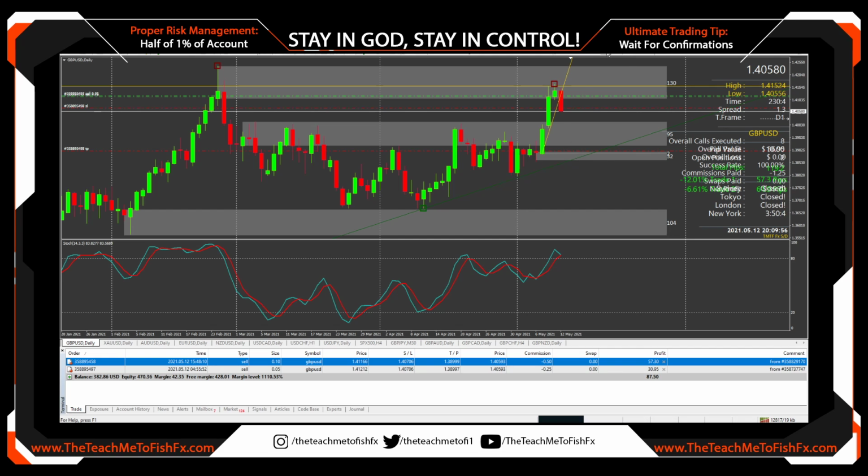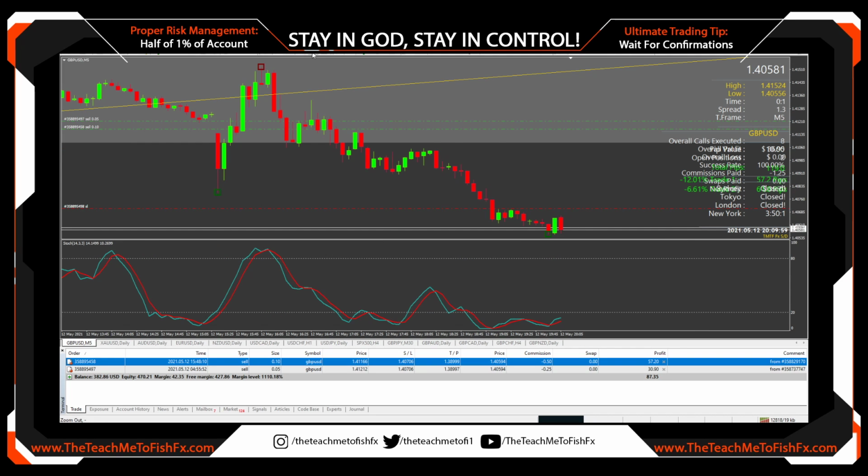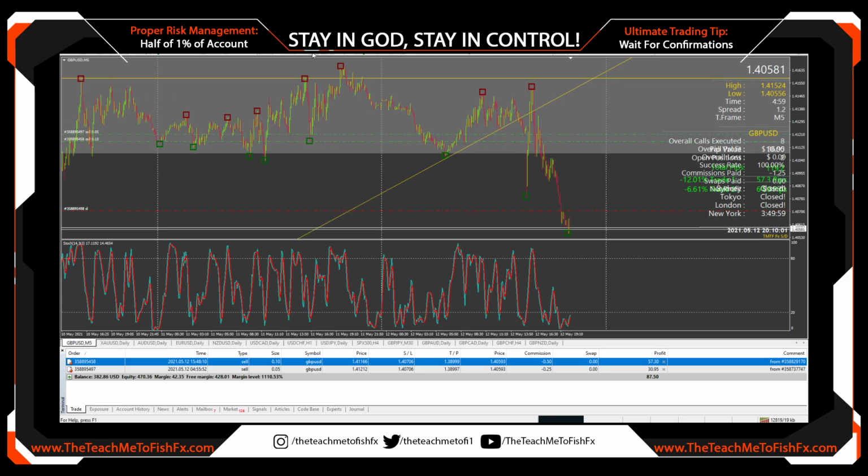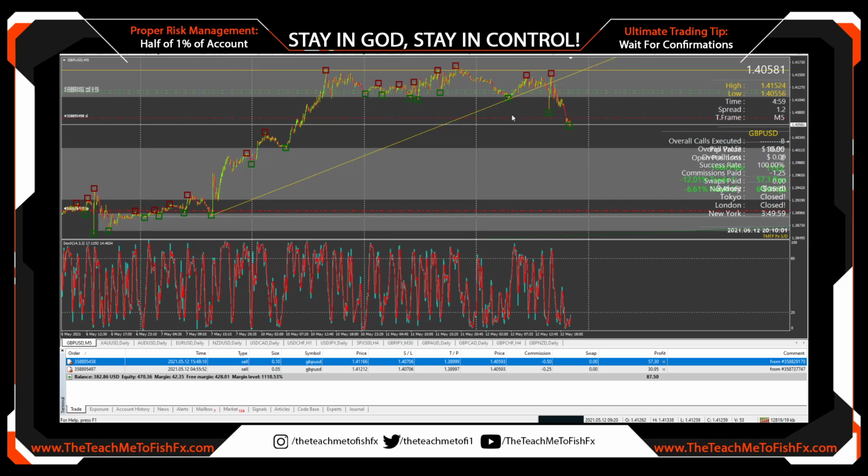Let's see if we can go down to the 5 minute just to take a look at how this trade has been playing out for the week. Here is today, which is Wednesday, May 12th. Here is yesterday, Tuesday, May 11th, and the beginning of the week, Monday, May 10th.